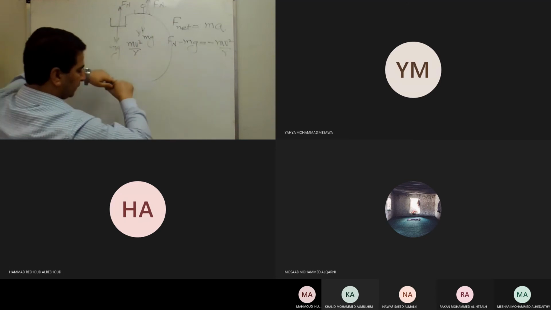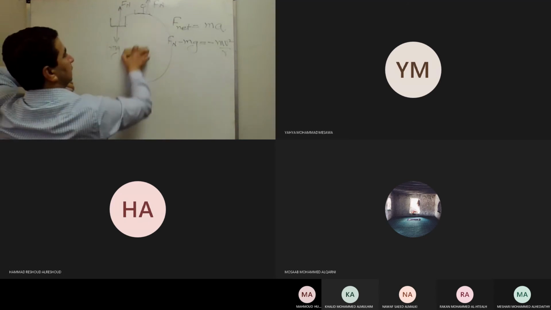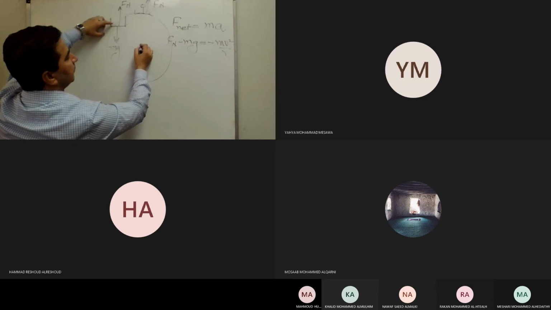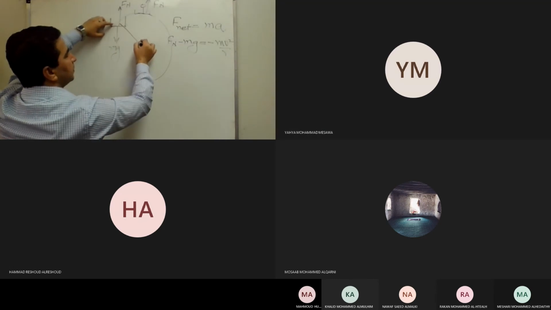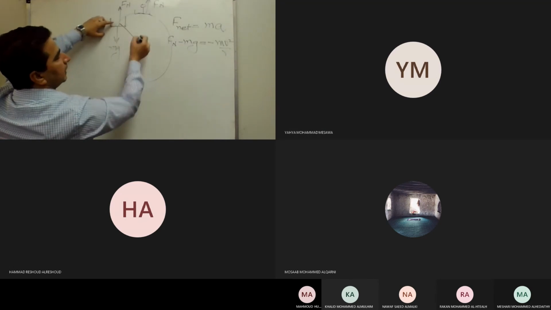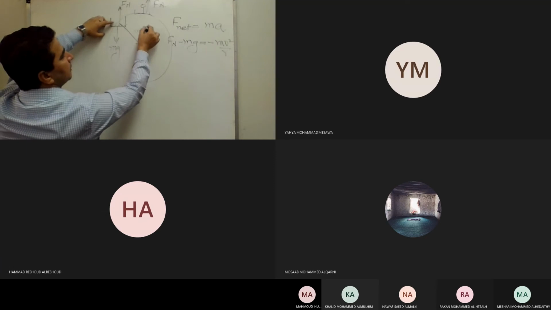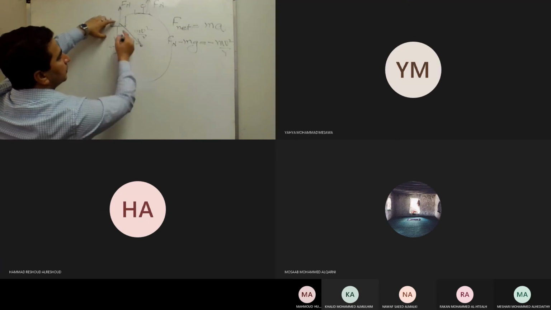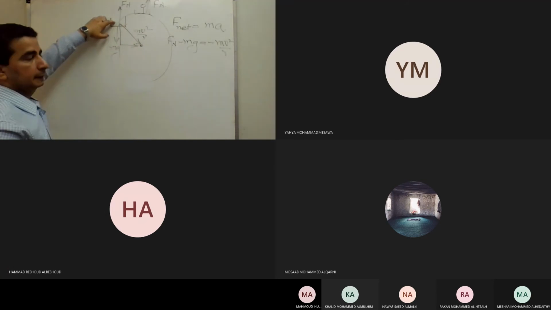But what is now different? The difference is that here is the center of the wheel. There is the centripetal force. So the acceleration direction is this now, which is mv squared by r. Now you need to resolve this force into two components. One will be this component, another one is this component.